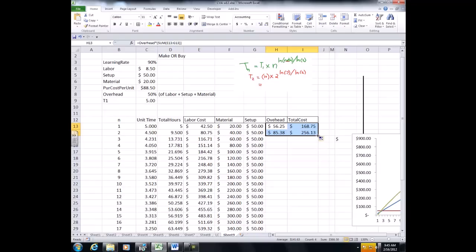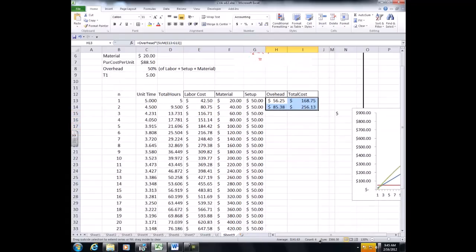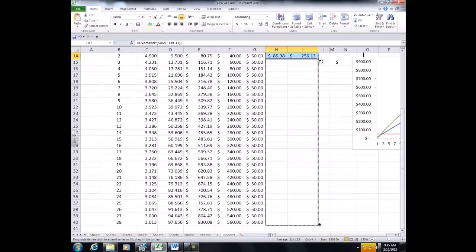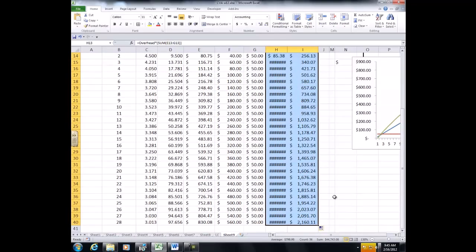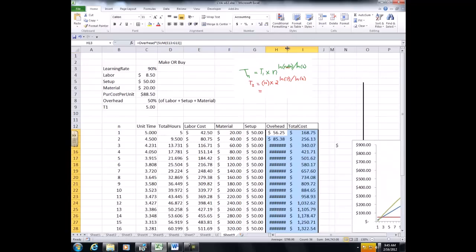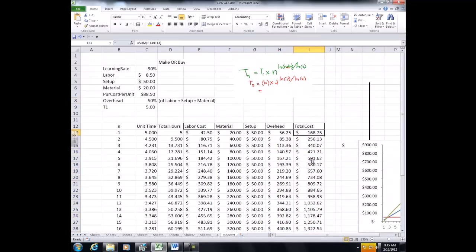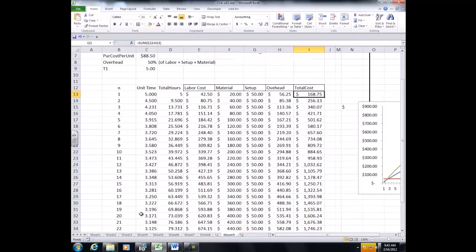Okay? Copy this down. The cost of producing 20 units is $1,606.24.